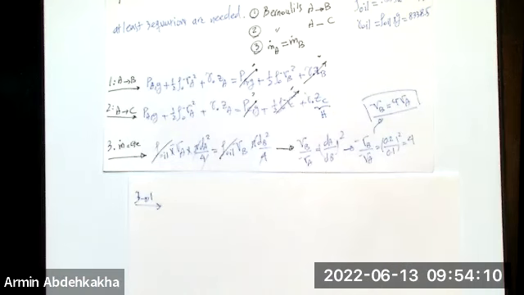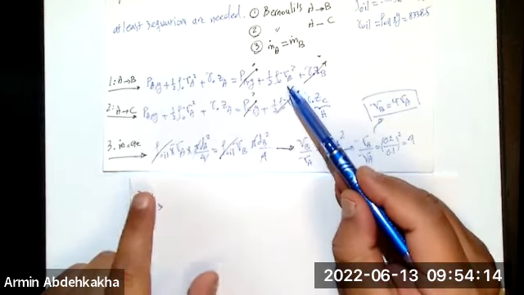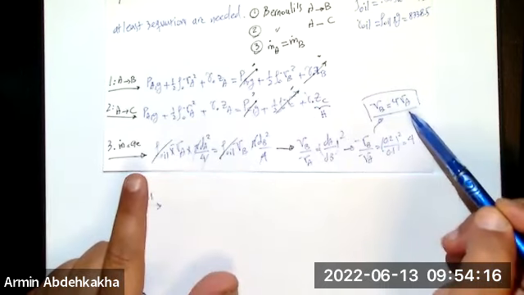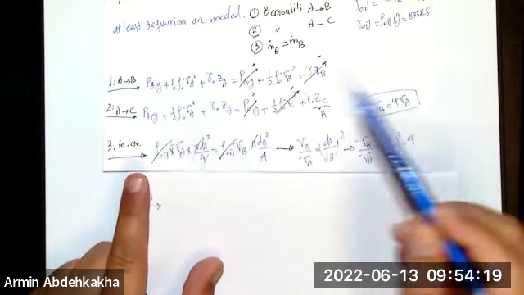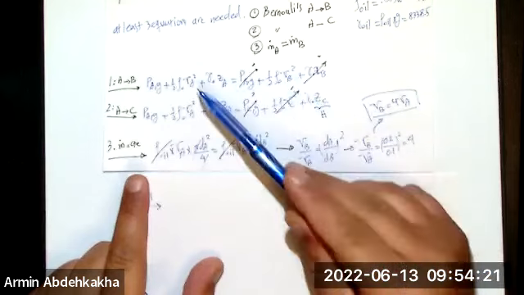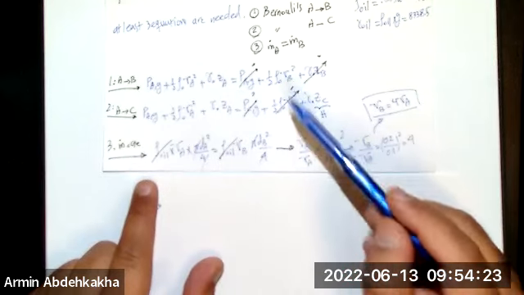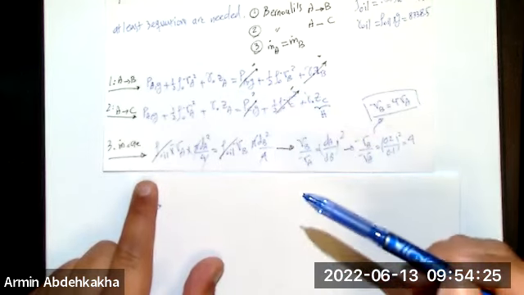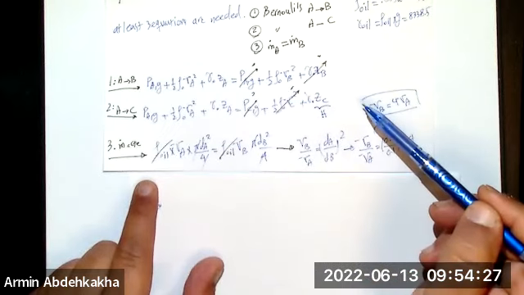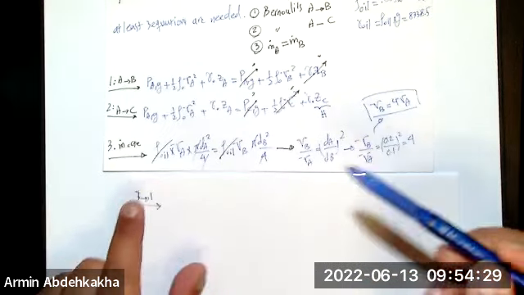The rest are known. Also V_B, you have no idea about it, right? But if you replace V_B and connect it to V_A, then instead of three unknowns in these two equations, you have two unknowns, and then you can solve. That's why we need the relation between V_B and V_A.